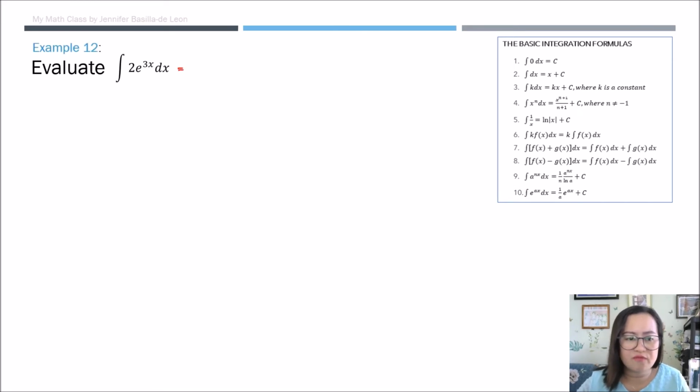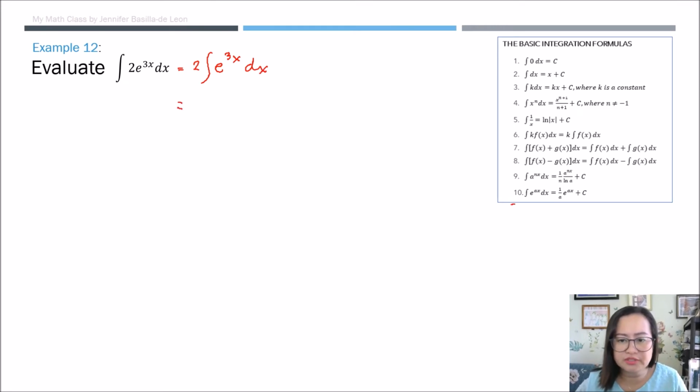This time we have the antiderivative of 2e raised to 3x. Here a is equal to 3. So we will have 2 times the antiderivative of e raised to 3x dx.